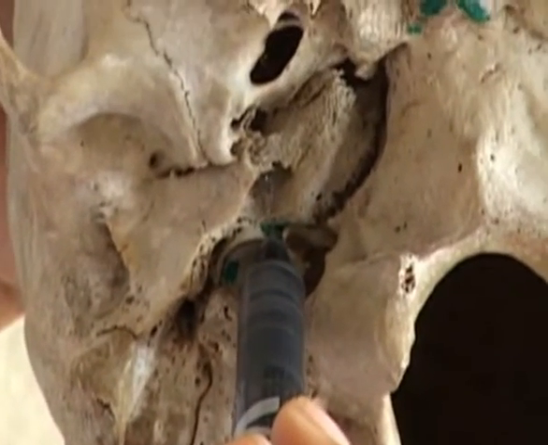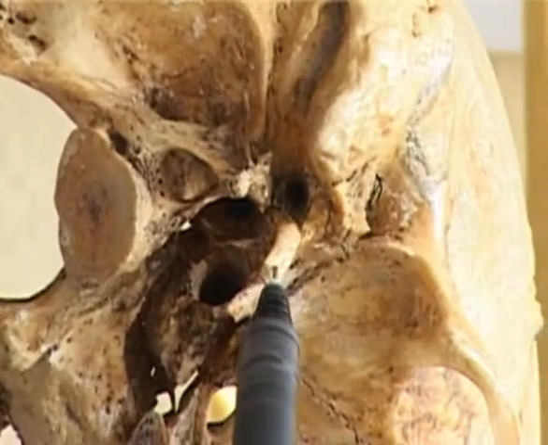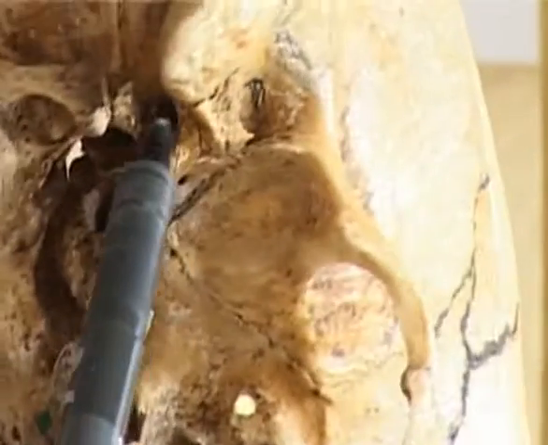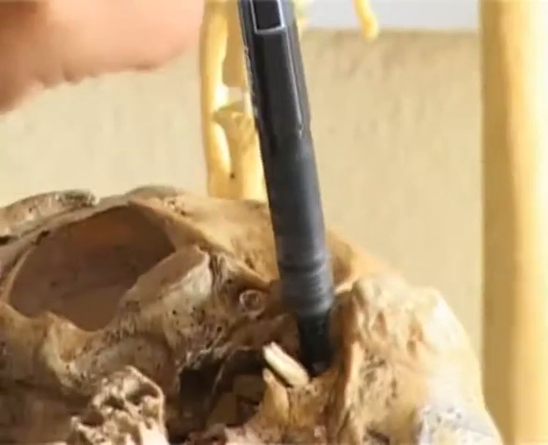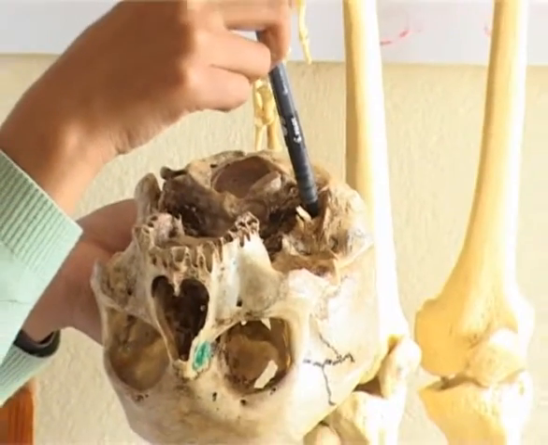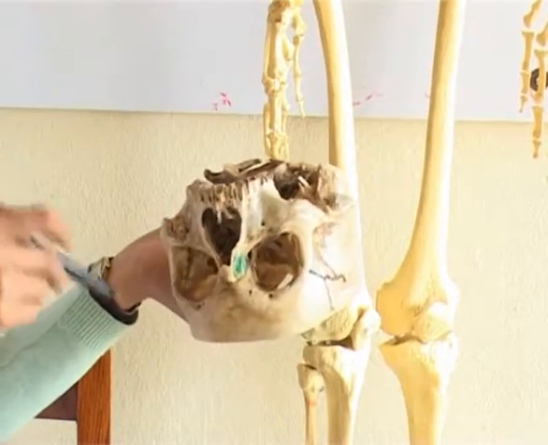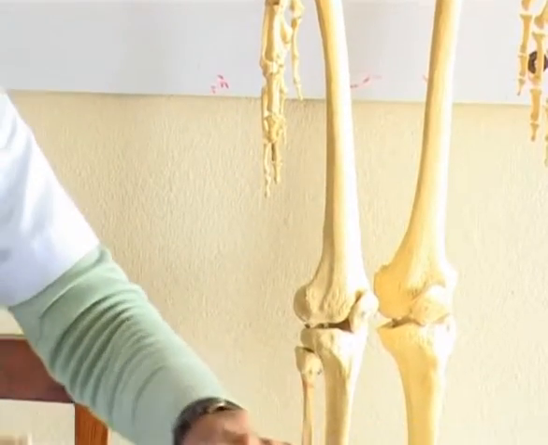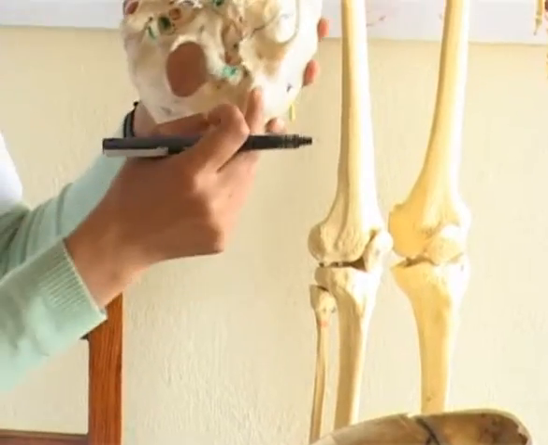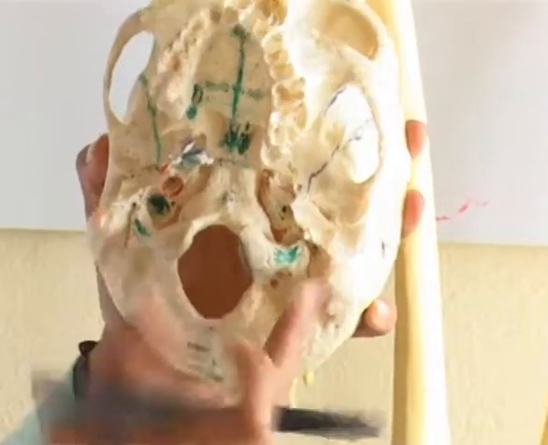Most important is the stylomastoid foramen, which lies between the styloid process and the mastoid process. The stylomastoid foramen gives exit to the 7th or the facial nerve. Mastoid process is a large conical projection. It forms the lateral wall of the mastoid notch.